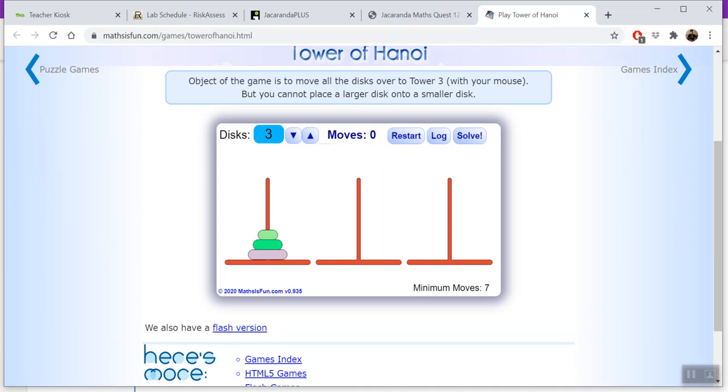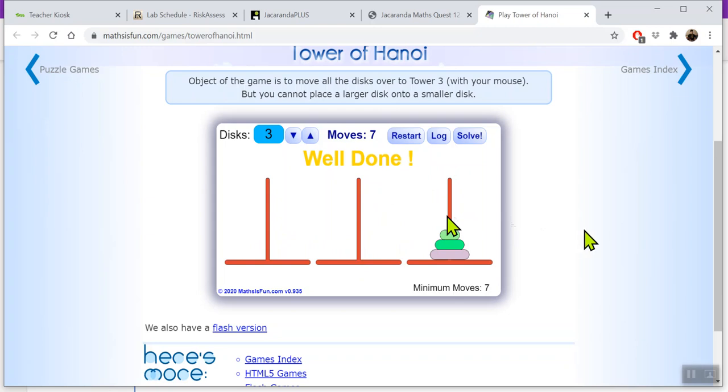So 3 to get 2 blocks, plus 1 move to get the base block, plus another 3 to get the 2 blocks back. That's for 3 blocks. 1, 2, 3. 1 move to get the base block, and then 3 moves to get that block.